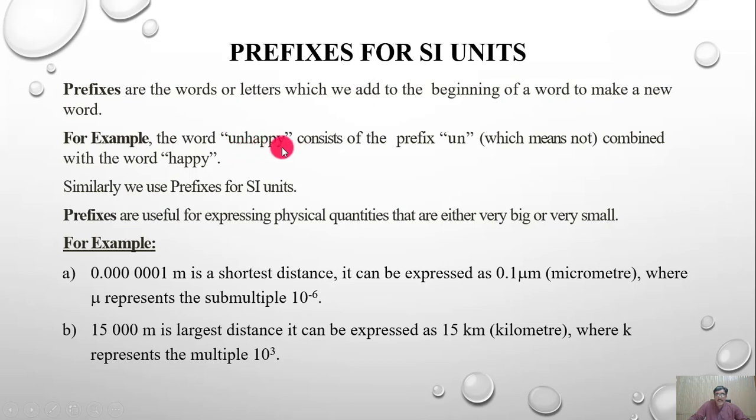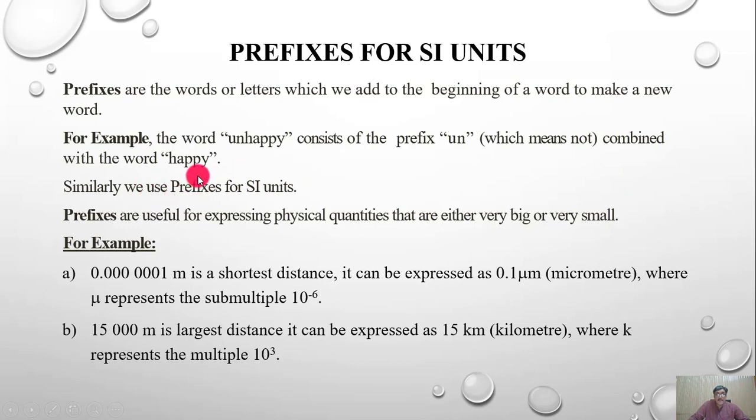Here, happy is one word and we have added two letters, u and n, and it becomes unhappy. Un makes this a new word and it is a prefix. The word unhappy consists of the prefix un, which means not, combined with the word happy.